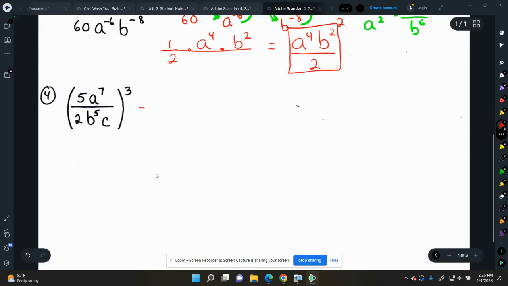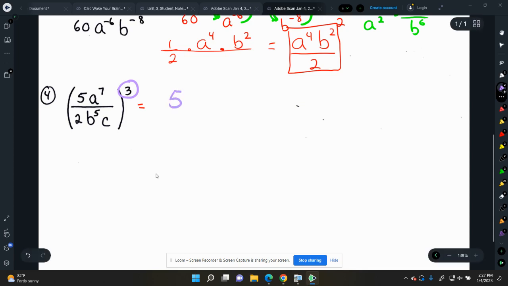Okay, so we're going to work with what's inside first. But when I look inside, I can't do anything. Right? There's nothing to simplify inside. So if there's nothing to simplify inside, what do we do next? Distribute it, yes. Okay, so what happens with the 5?